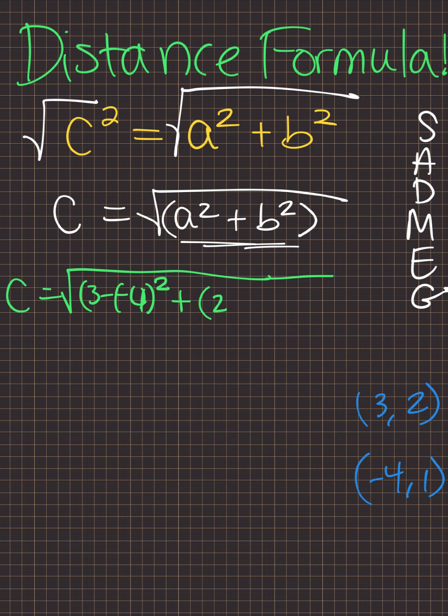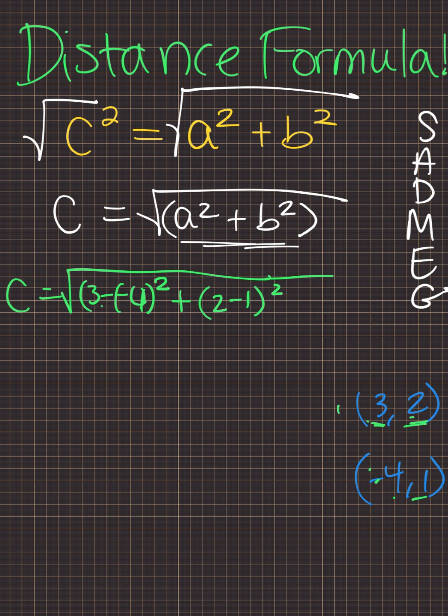Now you can switch the x and the y here. That's not particularly crucial. The only thing that's particularly important is that you are subtracting the same direction. So if I start with this first point, that I'm subtracting from the second point, okay? And if I do that with the x values, I need to do the same thing with the y values.